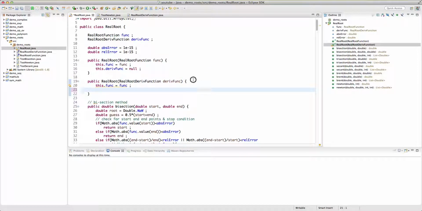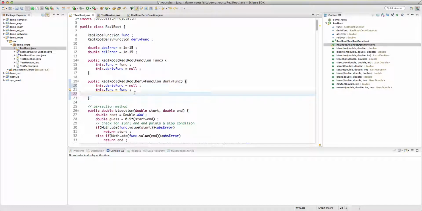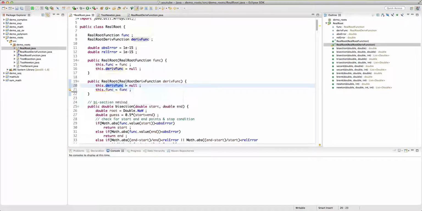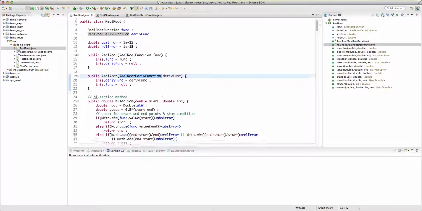And then I set the deriv func and set the func to null. This way I can check which one has been set by the user. So if the user passes the deriv function, I'm going to assume that the user has already analytically written down both the function and the expression for the deriv.